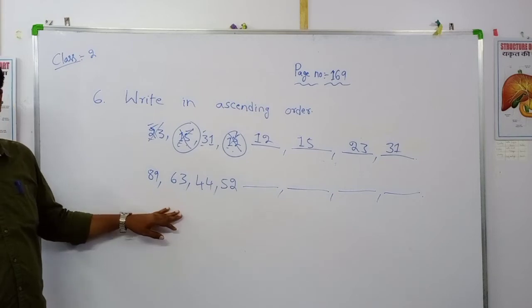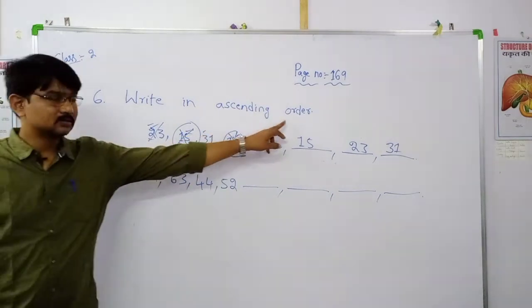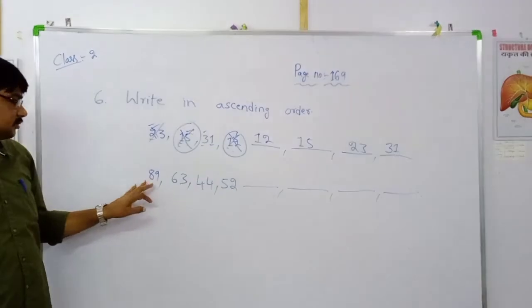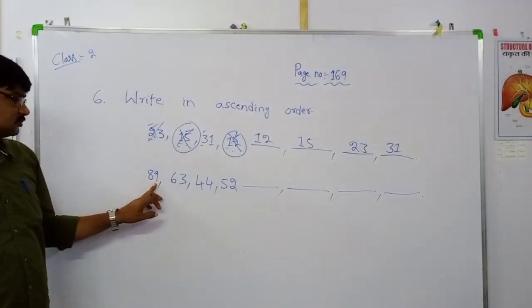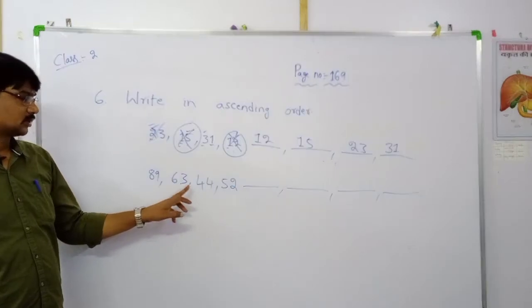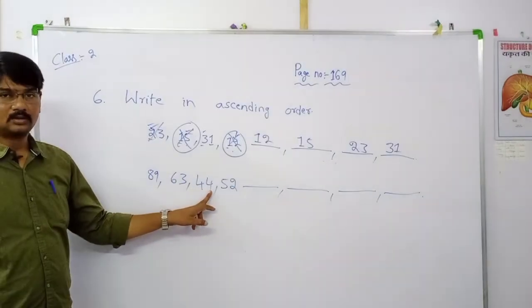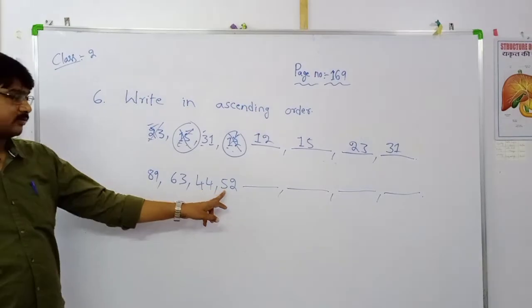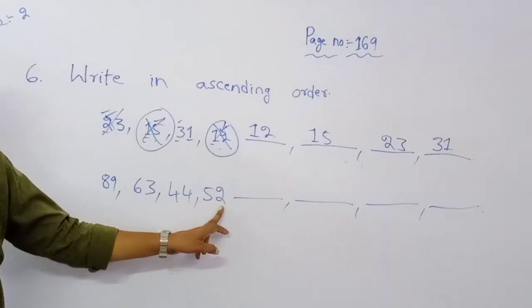We need to write in ascending order. 89, 63, 44, 52.